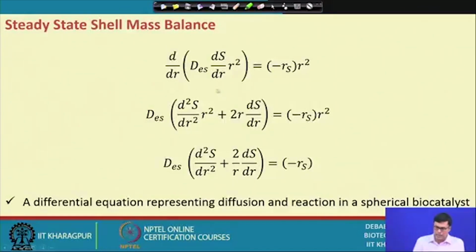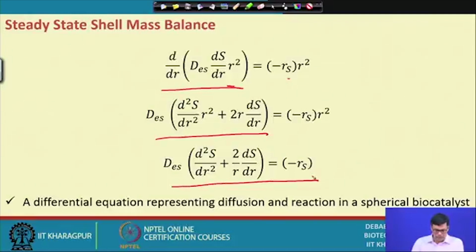Under steady state condition, this will be equal to minus R r squared, and if we differentiate this, we finally come across a differential equation representing the diffusion reaction in the spherical catalyst.